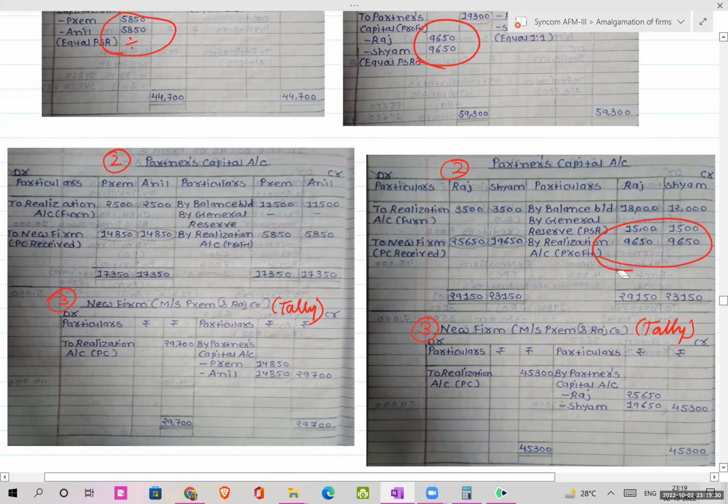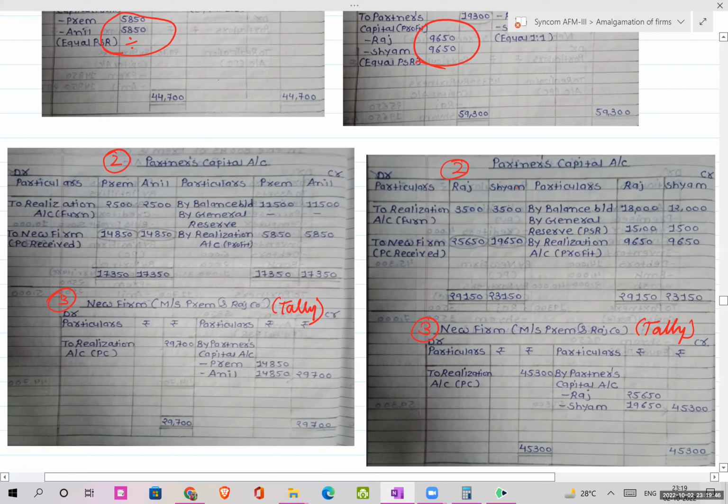And then the furniture taken over by partners, the assumption that we had made. Its second effect, in absence of information, it will be distributed.